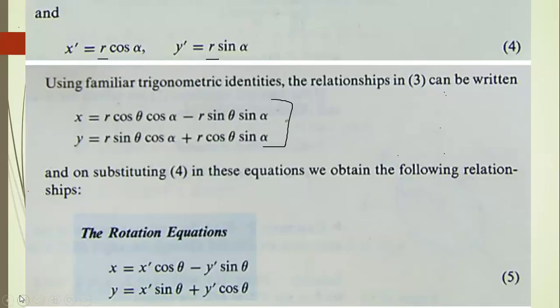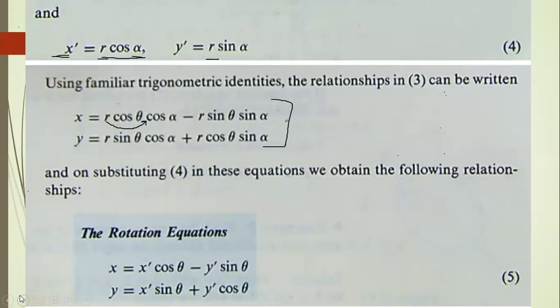So if we were to notice, I want to simplify these further. It said that x prime is equal to r cos alpha. And by simply rearranging this, we're going to have r cos alpha, and we know that r cos alpha is equal to x prime.